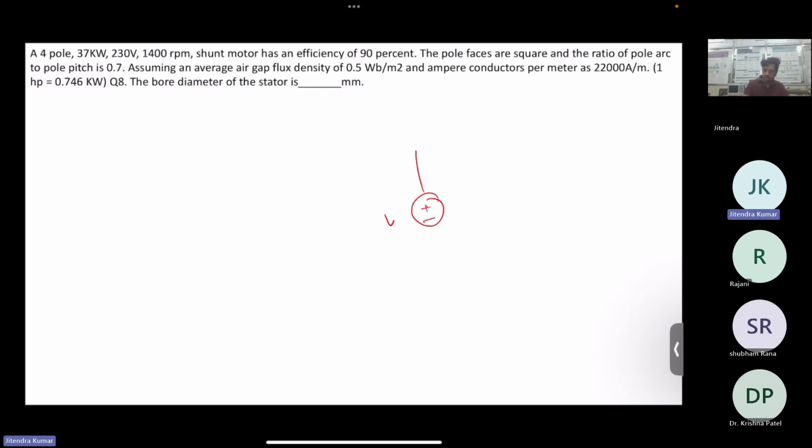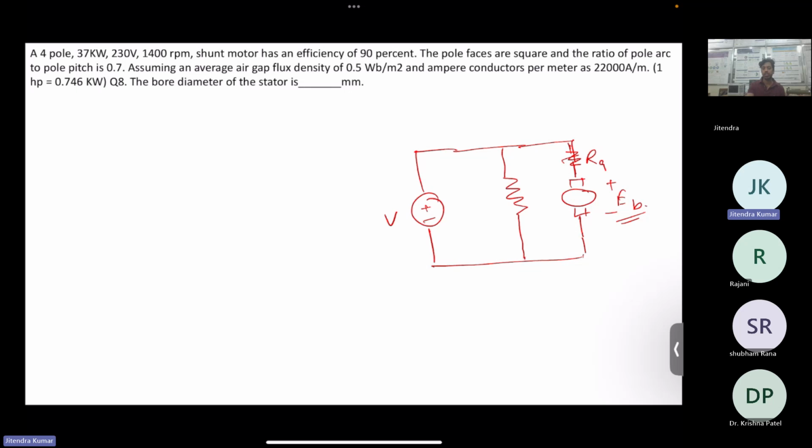So this is your input, and your armature will be here. The armature resistance is also in series with the armature. So this is RA, this is EB, the back EMF, and the armature resistance. Now, since this is a shunt motor, your field winding will be parallel to the armature.